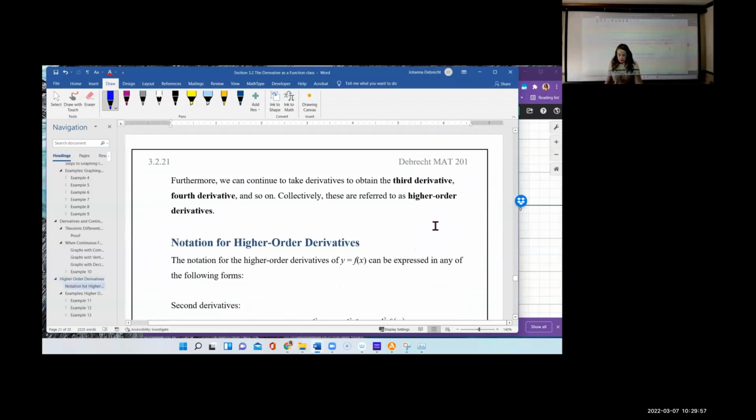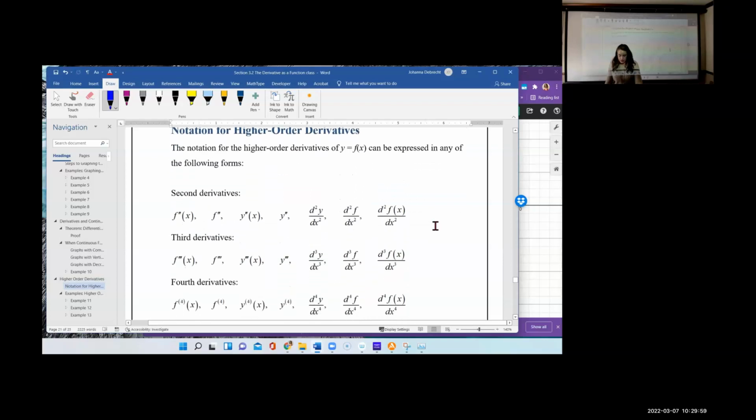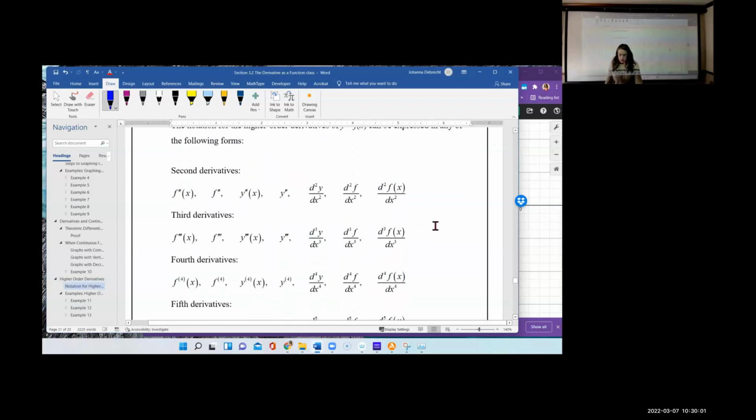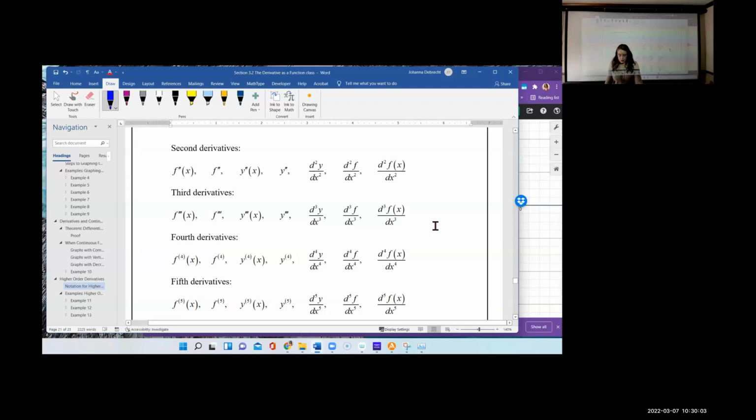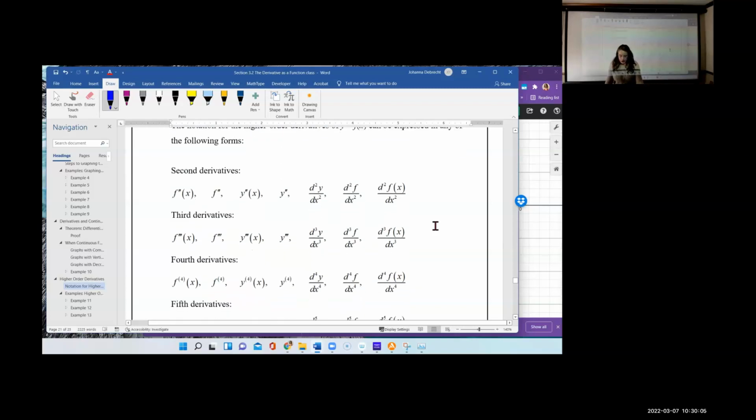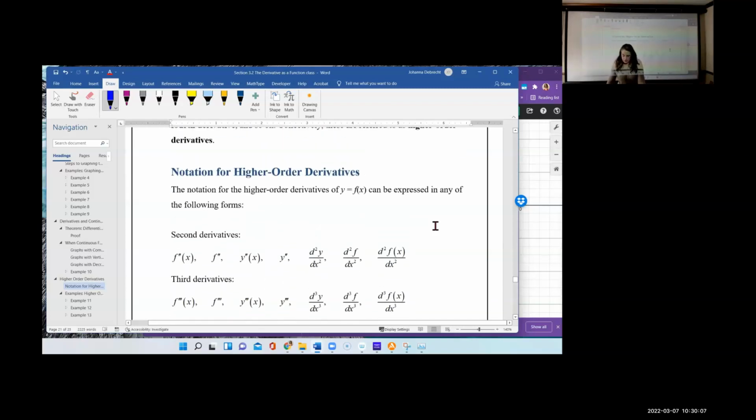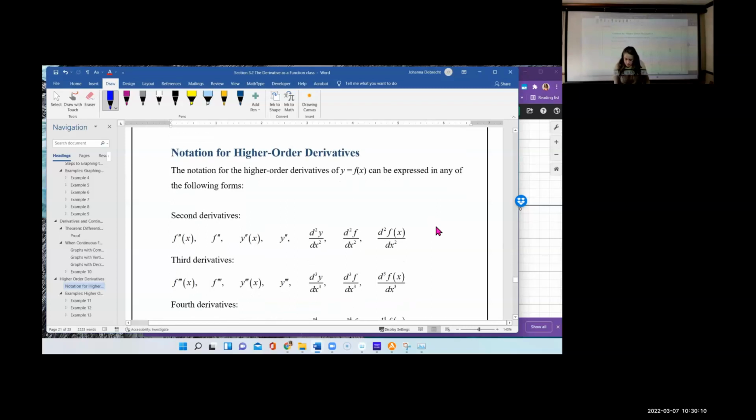Now, once we get to the fourth derivative, we kind of give up on the prime notation and we start using a different notation. So here are our derivatives. Let me put the first derivative up here above. So first derivative, we have f prime of x, or just f prime, or y prime of x, or just y prime, or dy dx, or df dx.